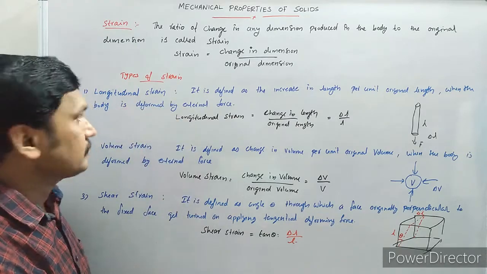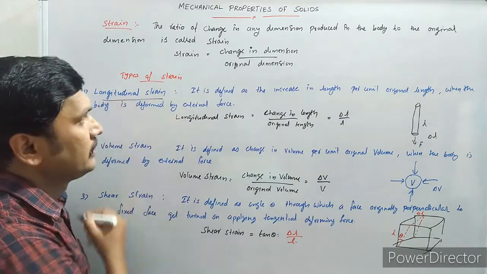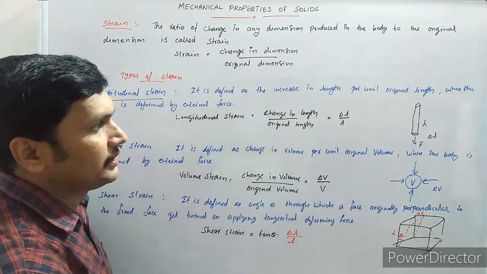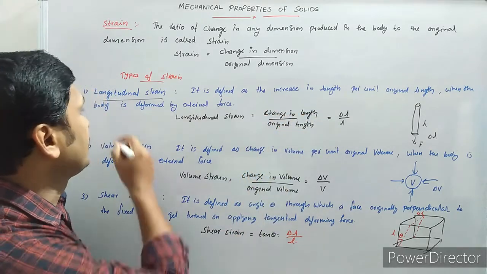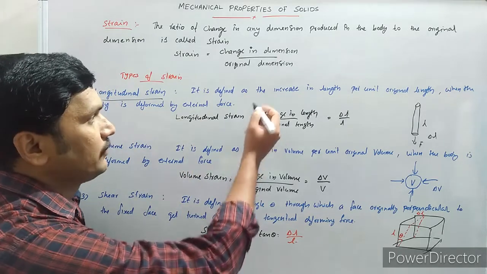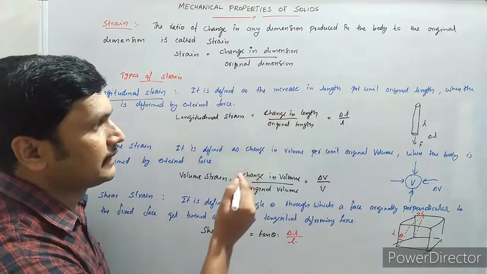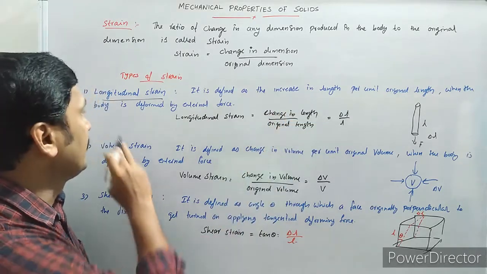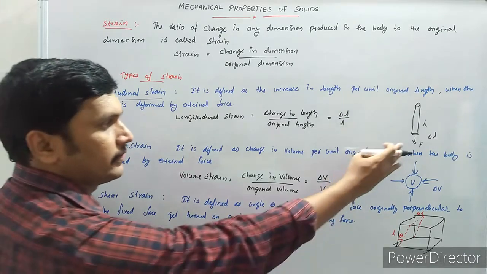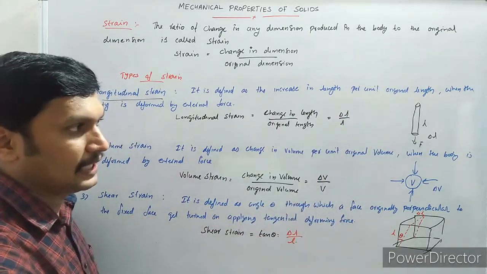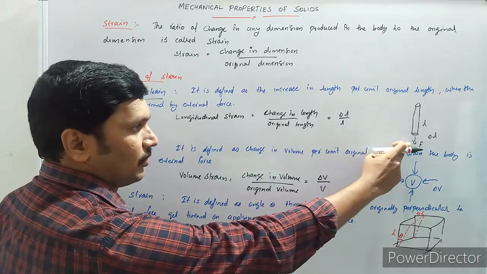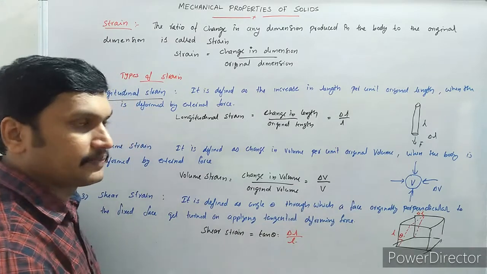Longitudinal strain. It is defined as the increase in length per unit original length when the body is deformed by an external force. For example, suppose here we have a rod of length L and cross-section area A. In order to deform this rod, a force F is acting.